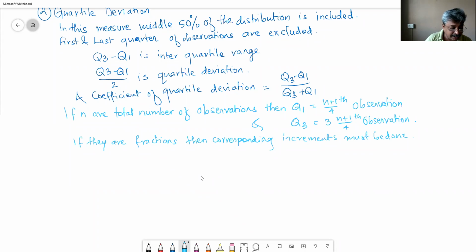Find the range and quartile deviation of the following distribution.